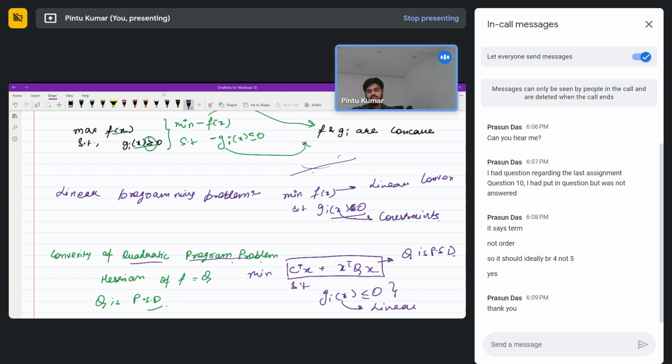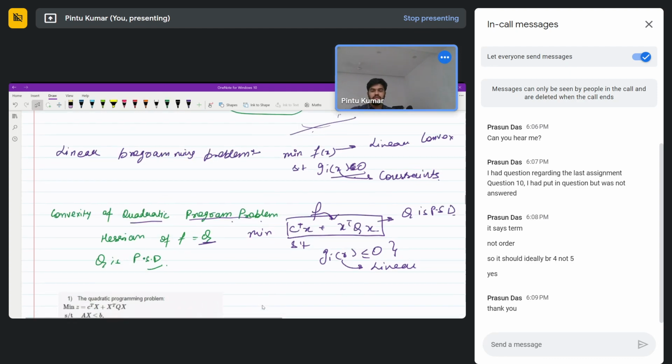Because if you take the Hessian of this, let's call this f, then the Hessian is given by q. And how do you check convexity of any function? If its Hessian is positive semi-definite, then it is convex, right? So for this case, your Hessian is equal to q, and if your q is positive semi-definite, that means your quadratic program would be a convex optimization problem.